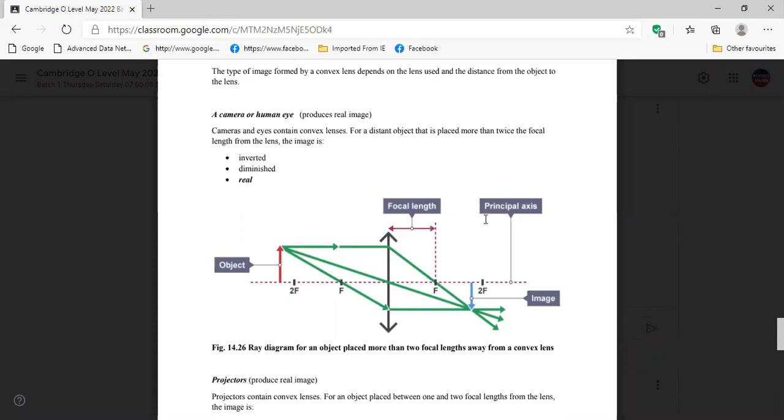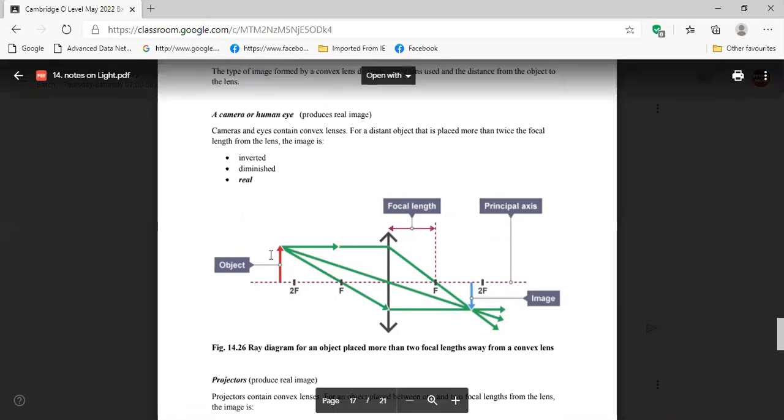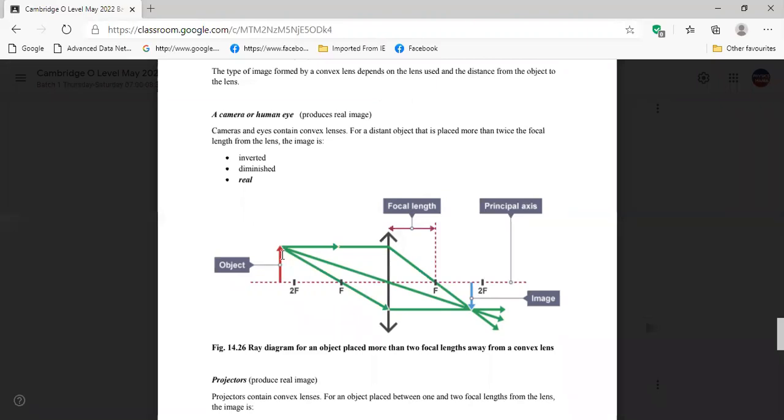We are now going to discuss that one. When camera or human eye produce the image, we are having the image smaller than the object. And you see it's written here diminished. Diminished means smaller. Is it clear?